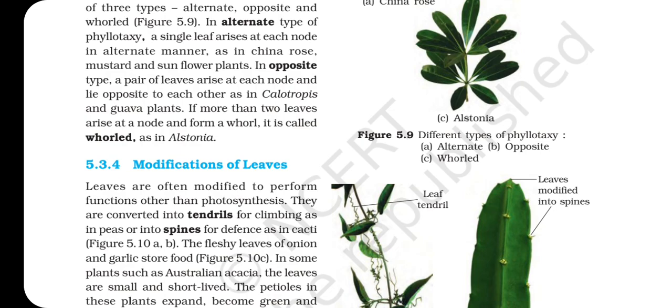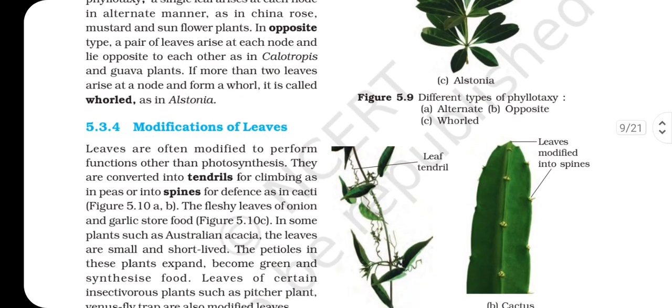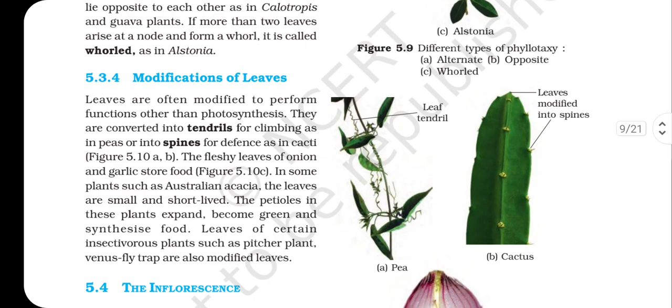In some plants, such as Australian acacia, the leaves are small and short-lived. The petiole in this plant expands, becomes green, and synthesizes food. Leaves of certain insectivorous plants, such as pitcher plant and Venus flytrap, are also modified leaves.